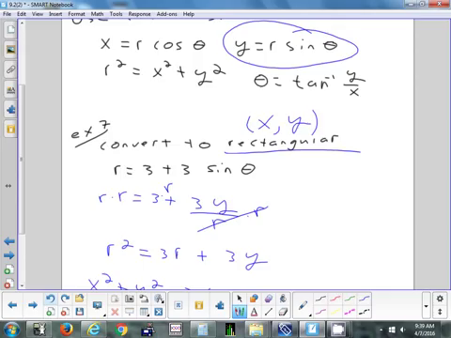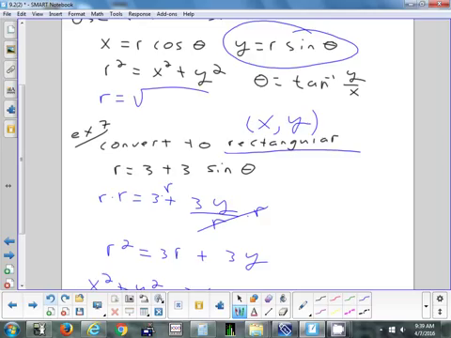Remember, you can't take the square root of a sum and simplify it. You take the square root, but you can't simplify it. So what would r equal? Square root of x squared plus y squared.